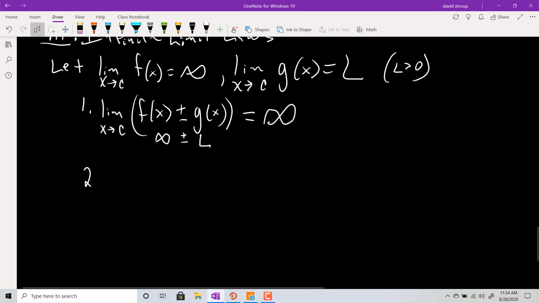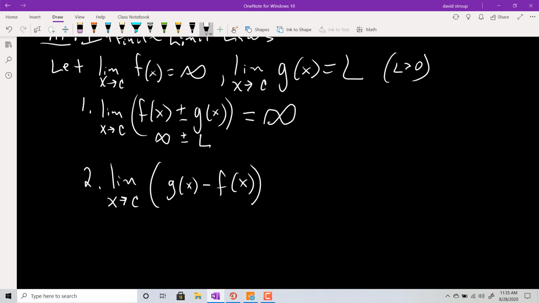Likewise, if you go in the opposite order, although it doesn't say it in the book, if you go L minus infinity, in our terms, it would be g of x minus f of x. That's going to be the form L minus infinity, and in that case, minus infinity will be the dominating term.